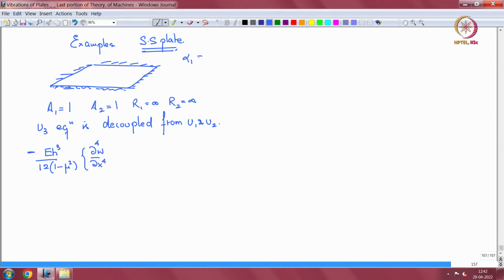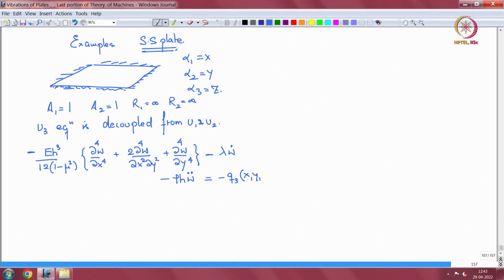So let us say alpha 1 is x, alpha 2 is y, alpha 3 is z direction.